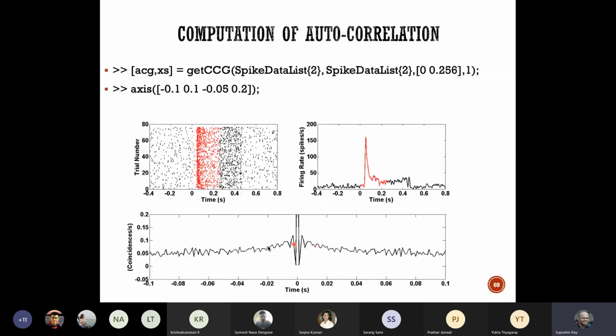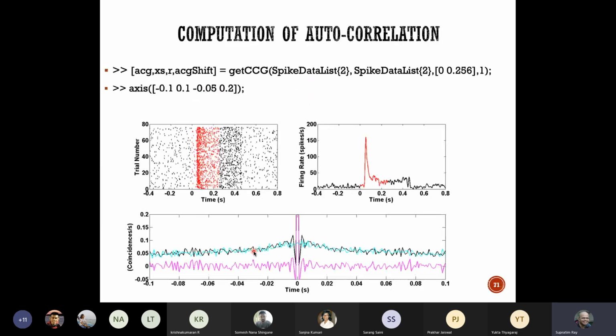Now in the Smith and Kohn paper, they show that to a large extent, the spike count correlation happens to be the integral of this over some interval. If you integrate this function over plus minus 200 milliseconds, you will tend to get something that looks like the spike count correlation.